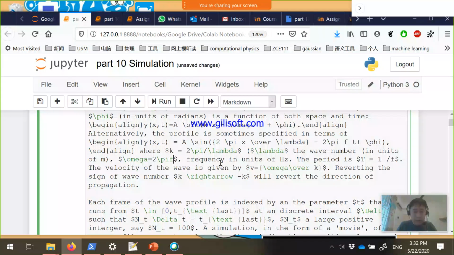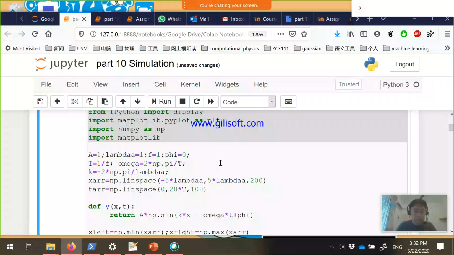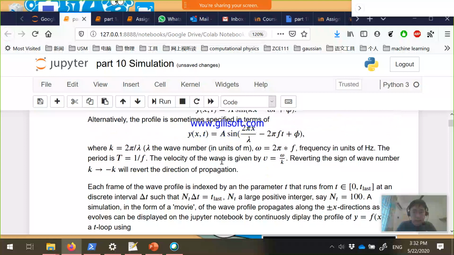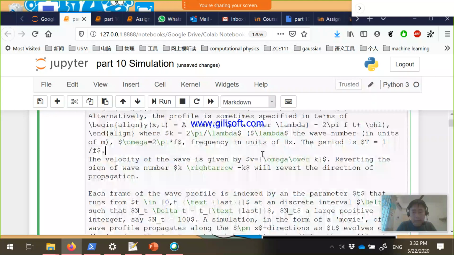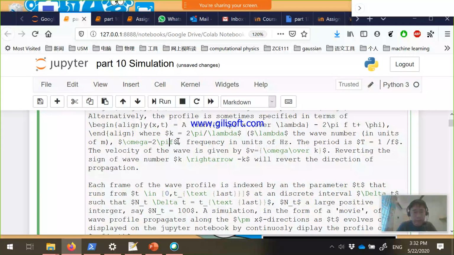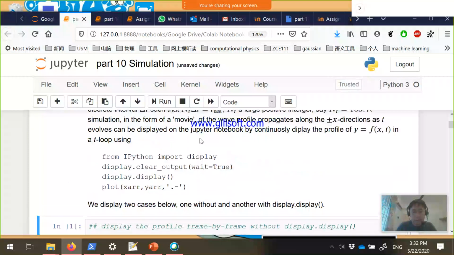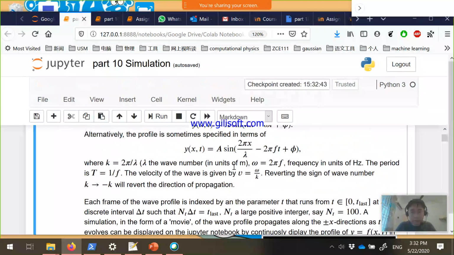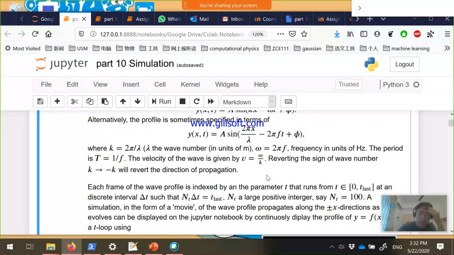I think this is a more accurate value. Let me save it. I think this is more correct, because f is 1 over T, so omega is 2 pi over T, so that is correct.